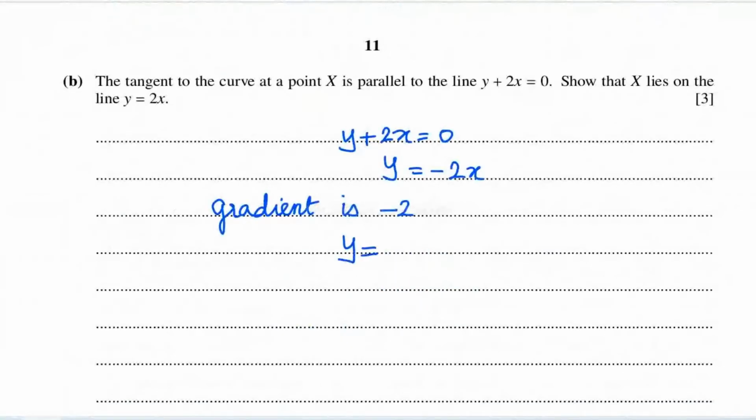And the curve equation is given as y is equal to 6 over x. We'll rearrange this. So y is equal to 6 multiplied by x power minus 1.